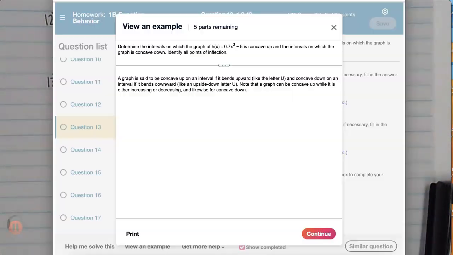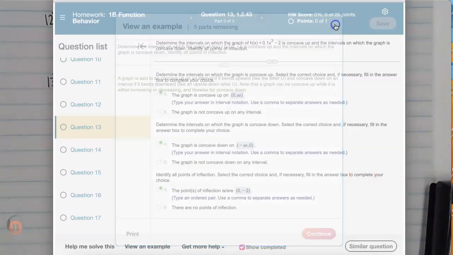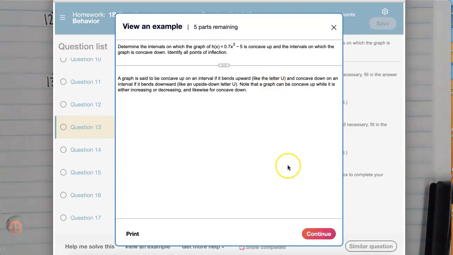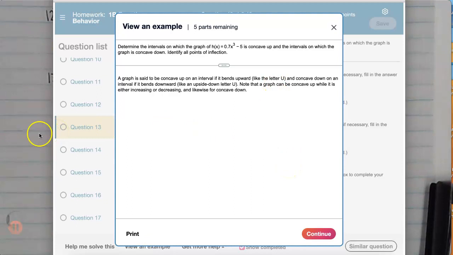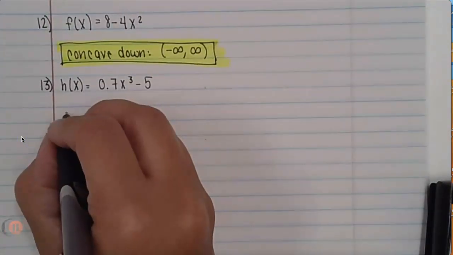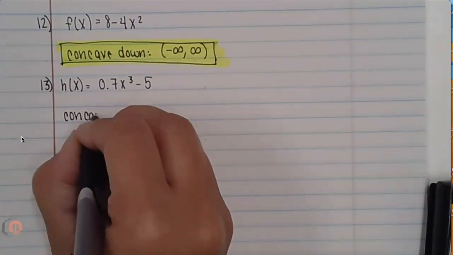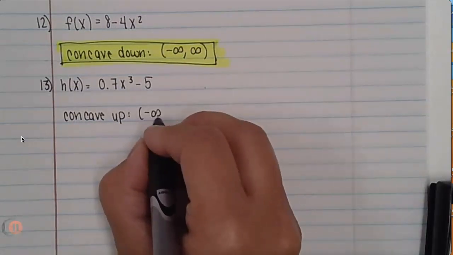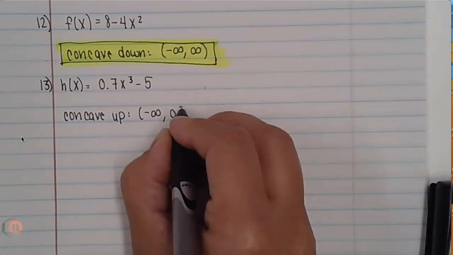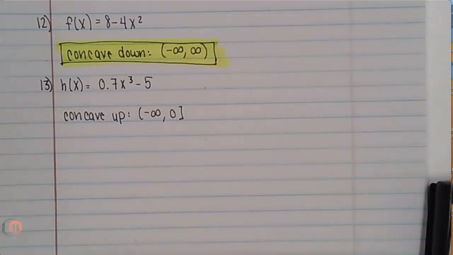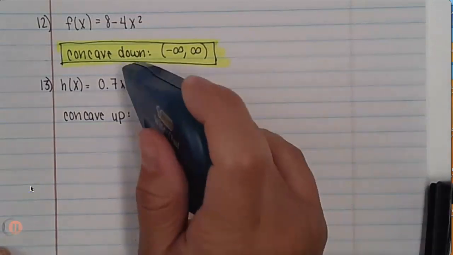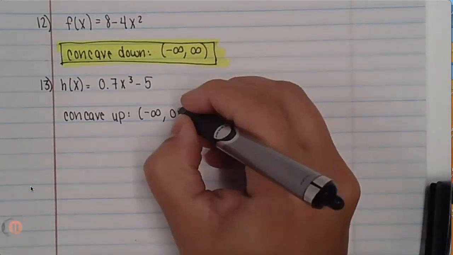Let's see what form they want it in. So they just want the points, okay. So it is concave up from negative infinity to 0. Sorry, it changes concavity at 0.